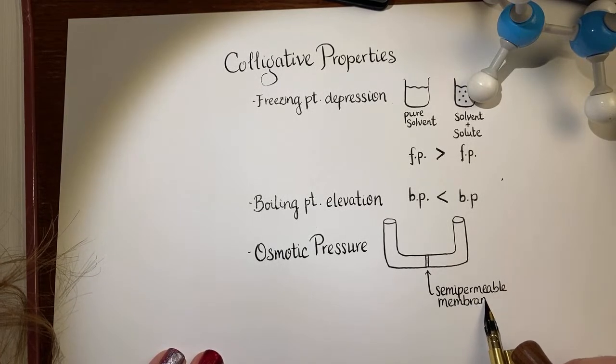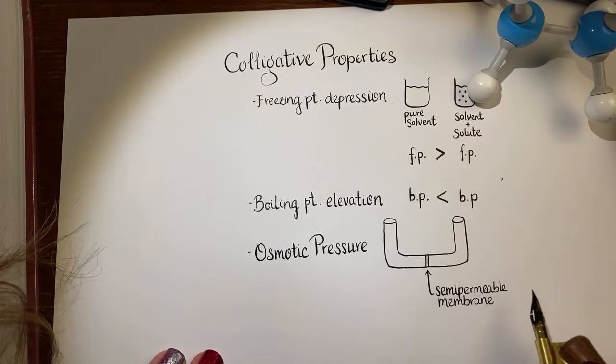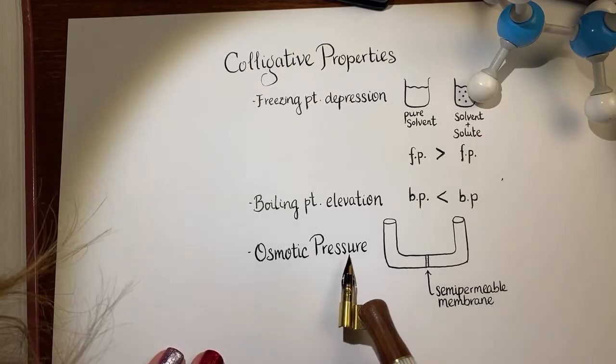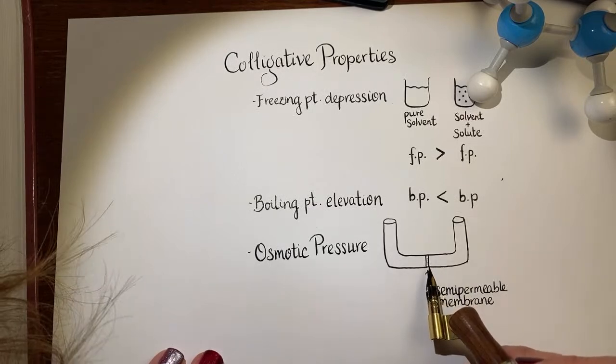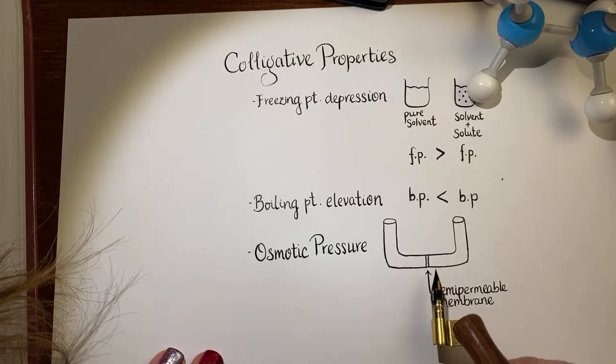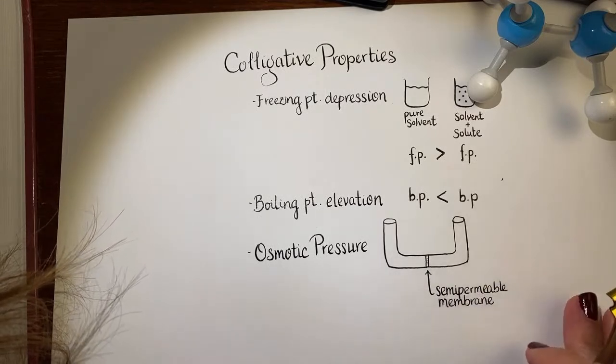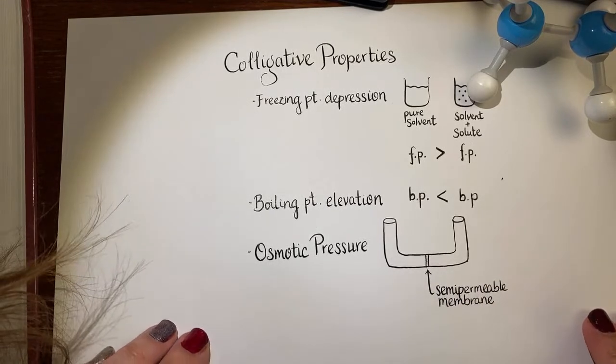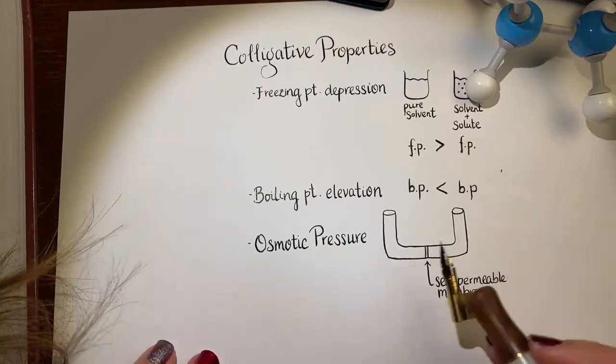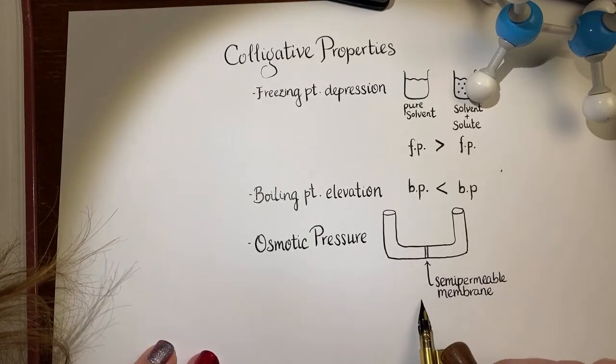And in the case of this example of osmosis or osmotic pressure, it allows solvent to pass through, but it does not allow any particles or solute particles to pass through. So let's make note of that.